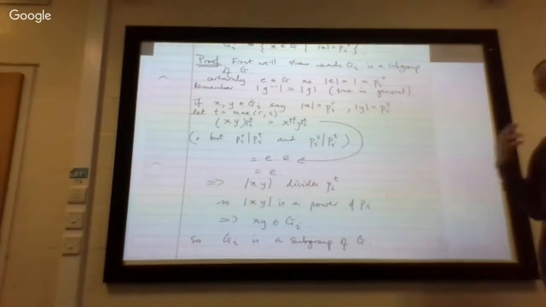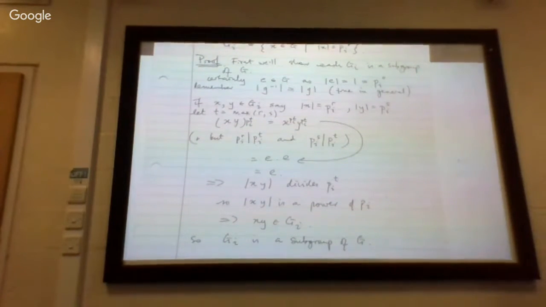Now we've got a collection of subgroups G1, G2, up to Gk. So this is potentially something we can make an internal direct product out of.